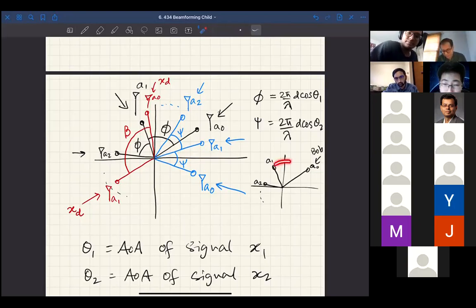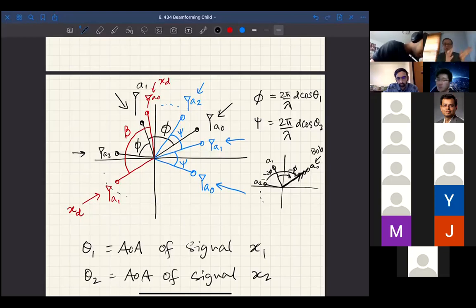So this vector basically rotates and aligns with the A0 vector because you've given it a negative phi phase shift. Antenna A2, you give a negative 2 phi phase shift. So antenna A2 also aligns with this.